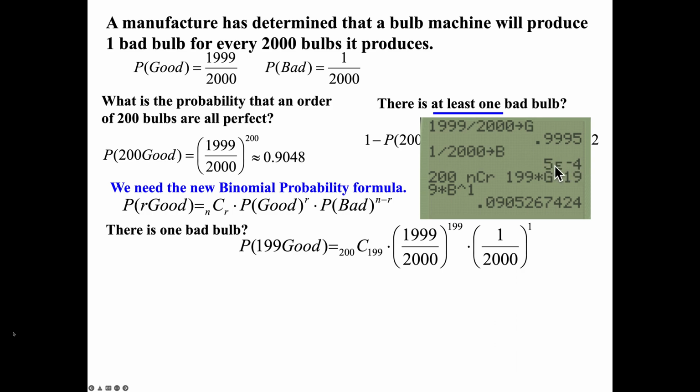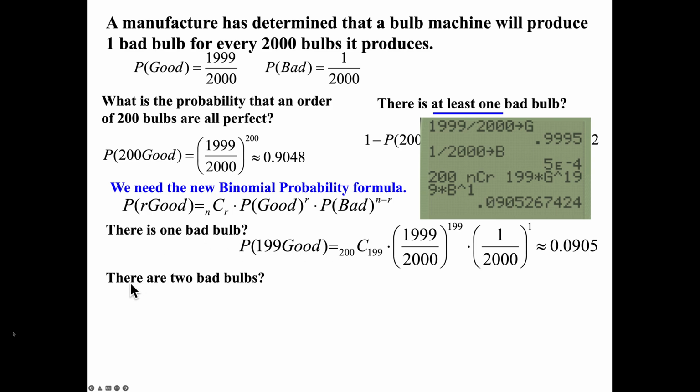Don't worry about it if it's in scientific notation. So when I go 200 combination 199 times, now I can just put in G to the 199th power times B to the first power. Here is my probability that that's going to happen, 0.0905.